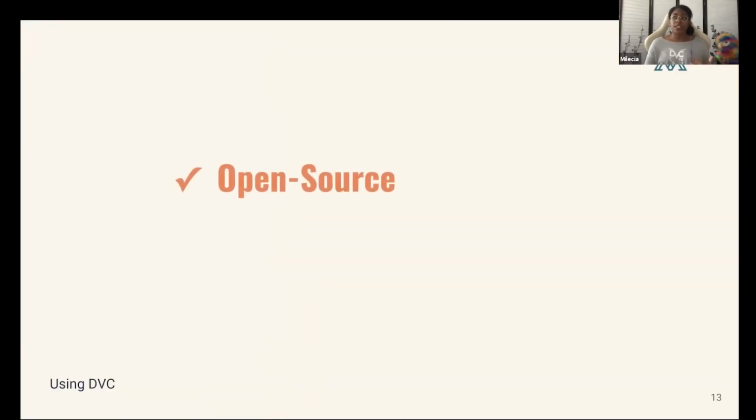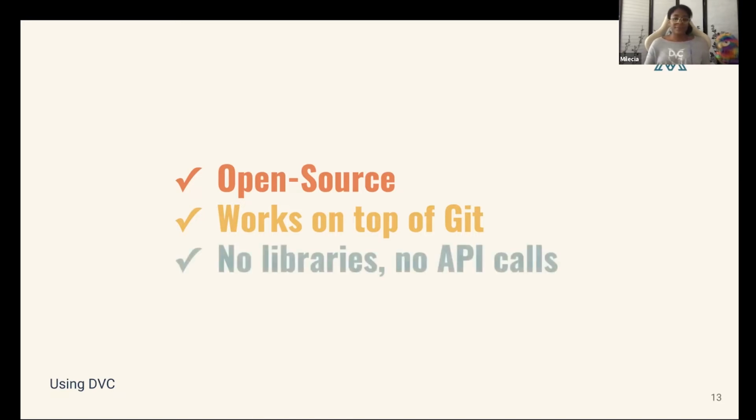So when you're thinking about DVC, remember it's open source, so you can come look at the code, tweak it however you want. It works on top of Git. So it's not something that's its own standalone application or service. It's just a little command line tool that you add to your project, and it tracks your code and your data together by taking advantage of Git.